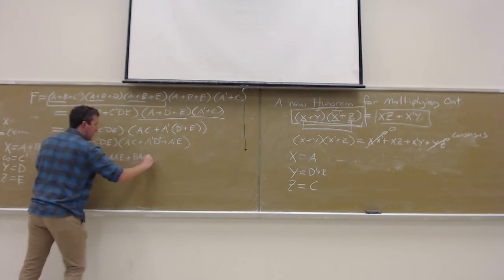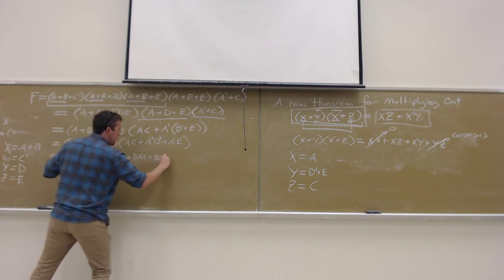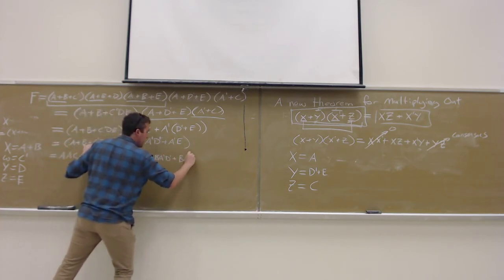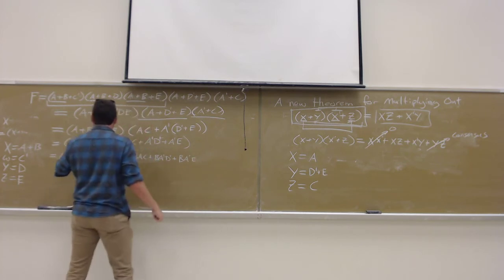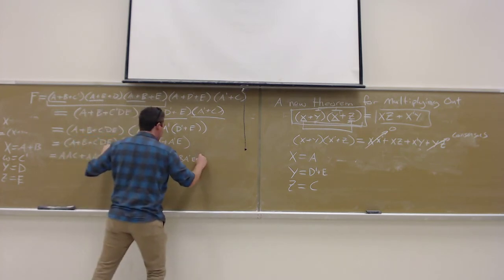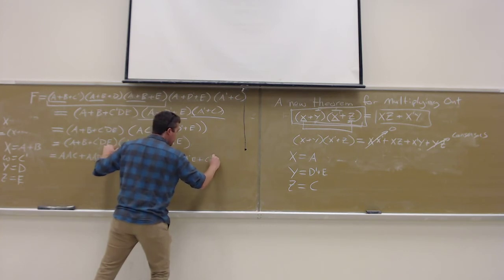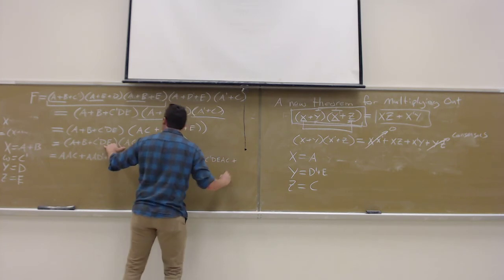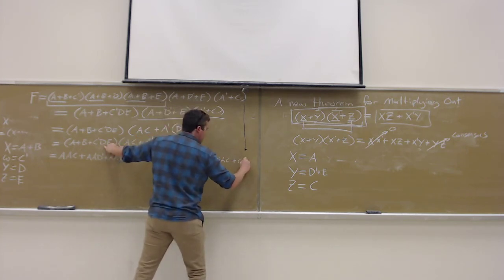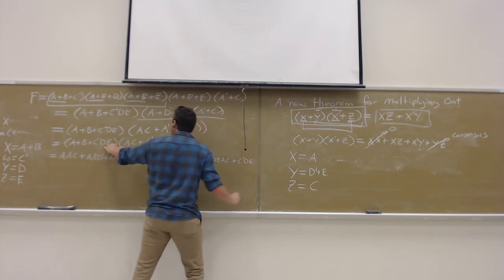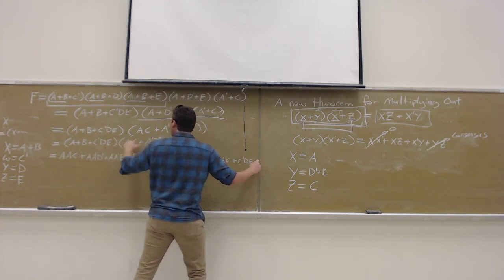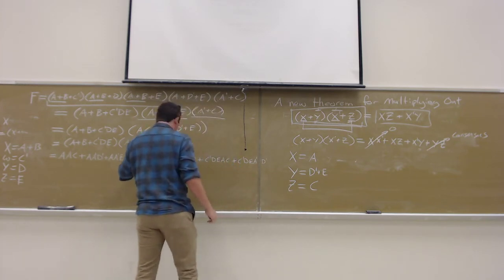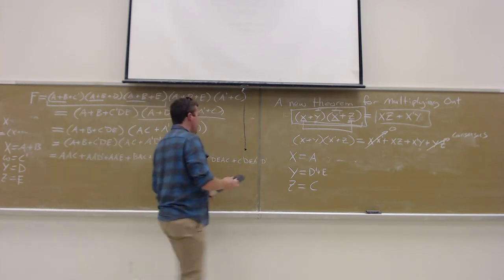B and A and C, or B and A prime and D prime, or B and A prime and E, or C prime, D and E and A and C, or C prime and D and E and A prime and D prime, E to the other side of the board.